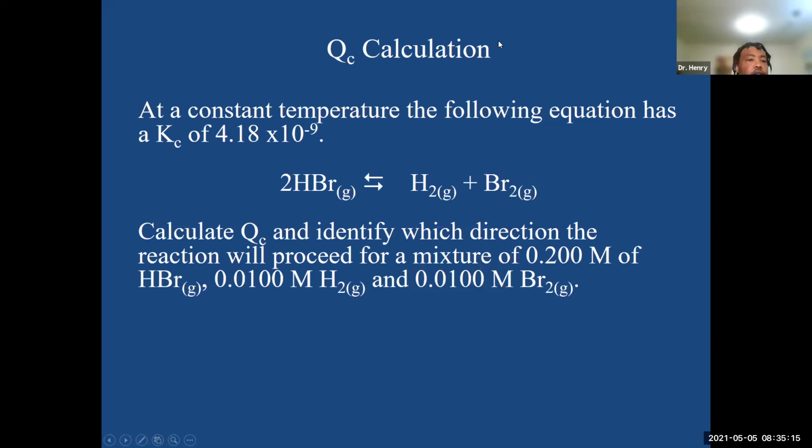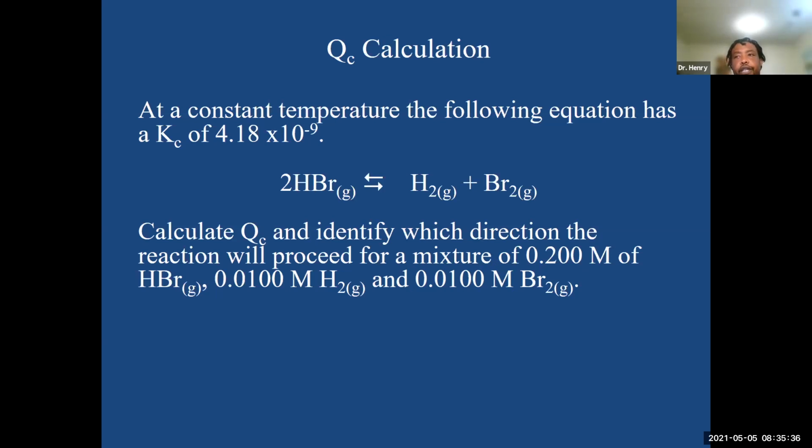Okay, so if we wanted to calculate Q, right? So we want to calculate Qc. So at a constant temperature, the following equation has a Kc of 4.18 times 10 to the minus 9.